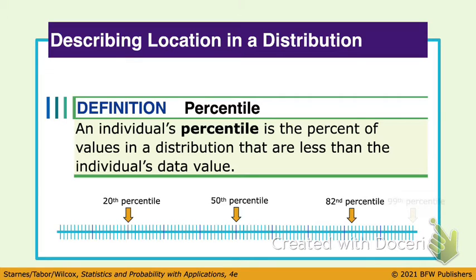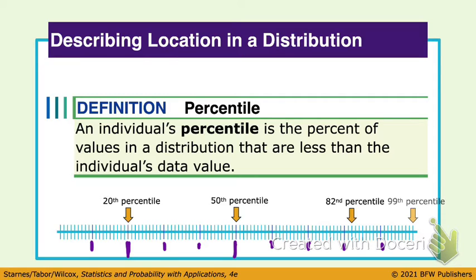The 50th percentile is obviously in the middle, and then we've got 10, 20, 30, 40, 50, 60, 70, 80, 90, and all the different percentiles.